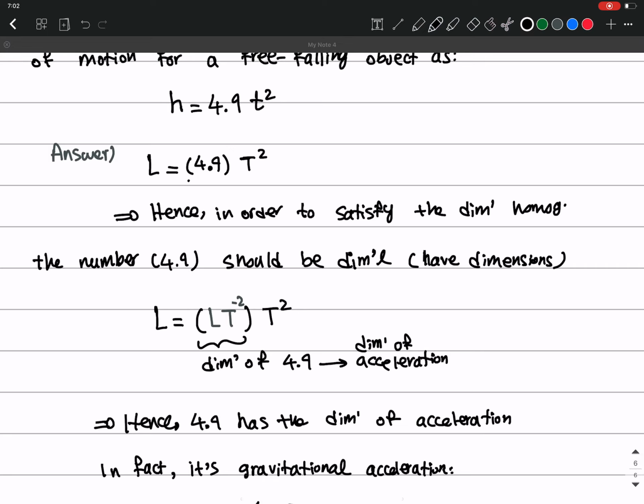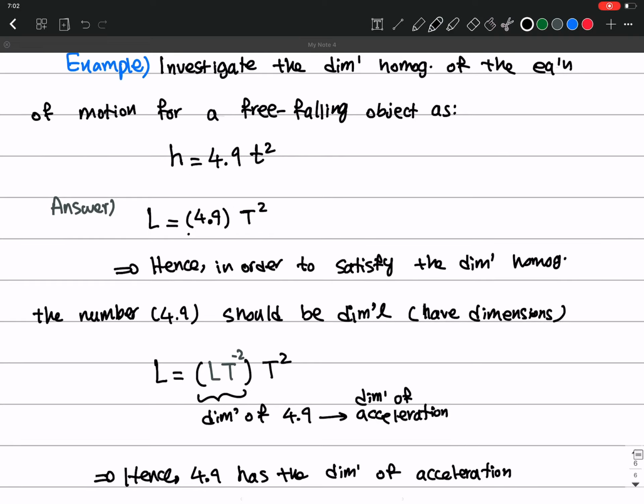And this is a very, very useful and powerful technique in any physics problem, not just fluid mechanics, but also solid mechanics, in all physics problems. When you have an equation, you can write the equation in terms of its dimensions, and all the terms in that equation should have the same dimension.